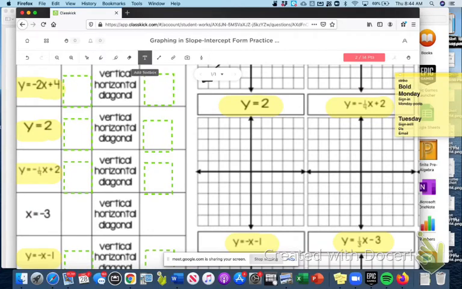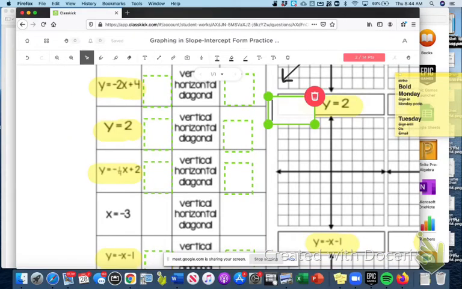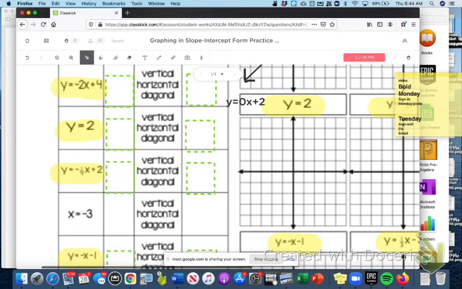So remember, again, white dude who is real picky when he invented this stuff. If you don't see an x, that means it's y equals 0x plus 2. Anytime that you don't see an x in the equation, that means that the slope is 0.